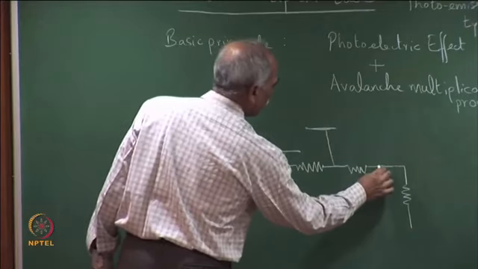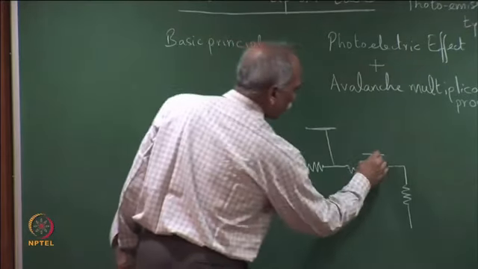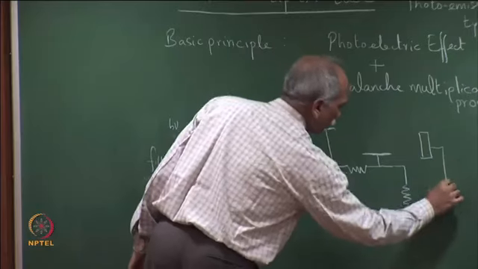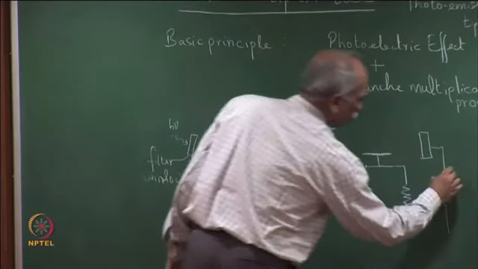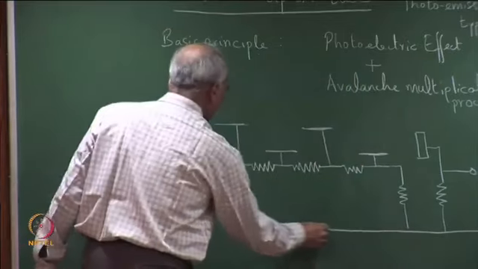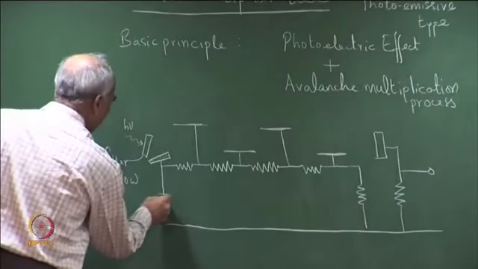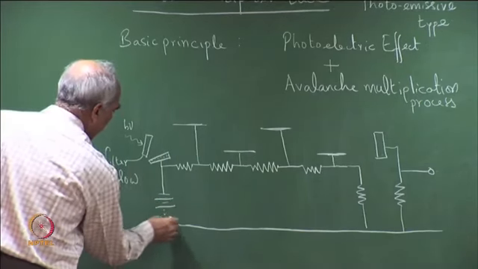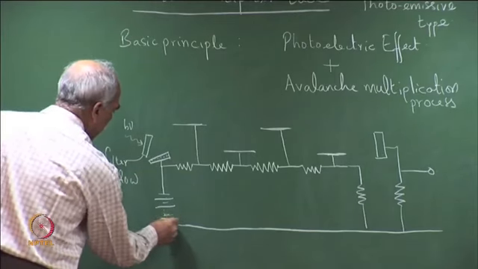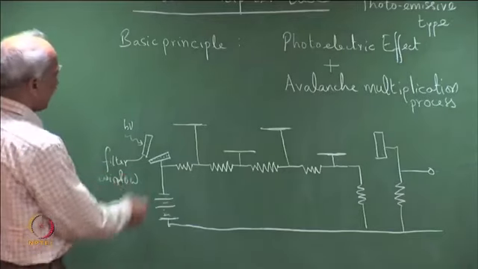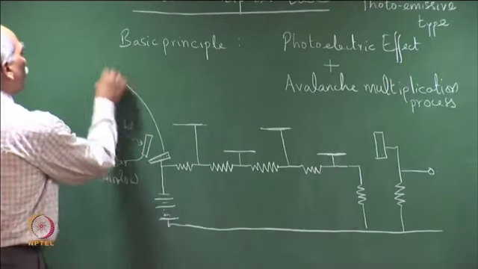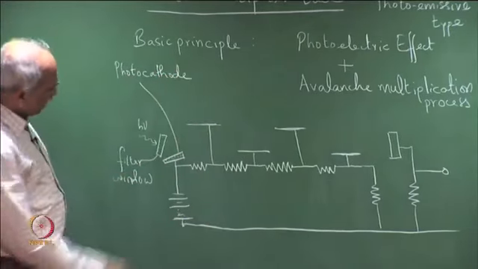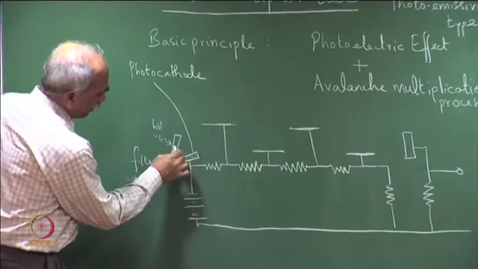I will explain, it will become clear once I explain this. The light to be detected is incident on the photocathode here.